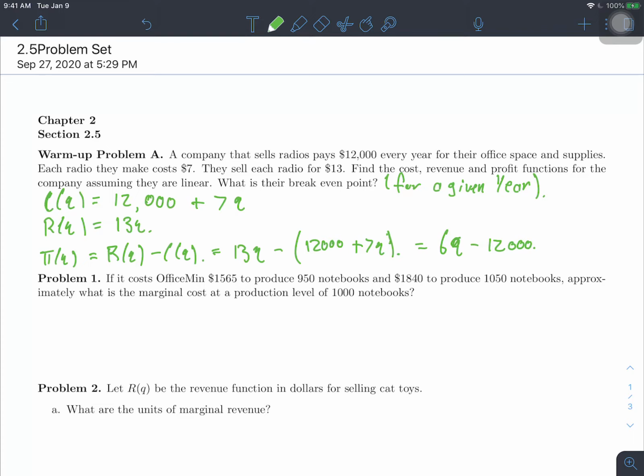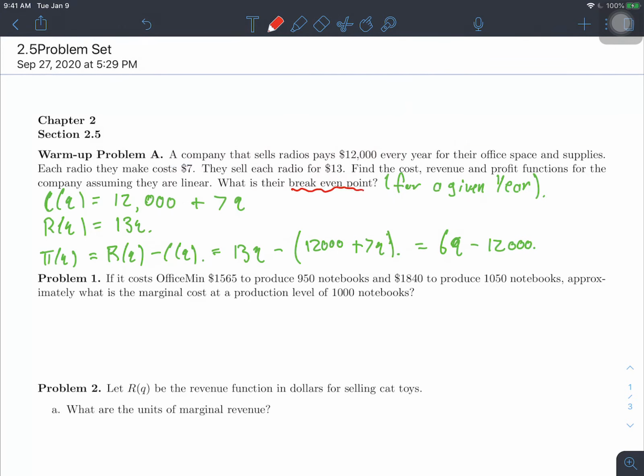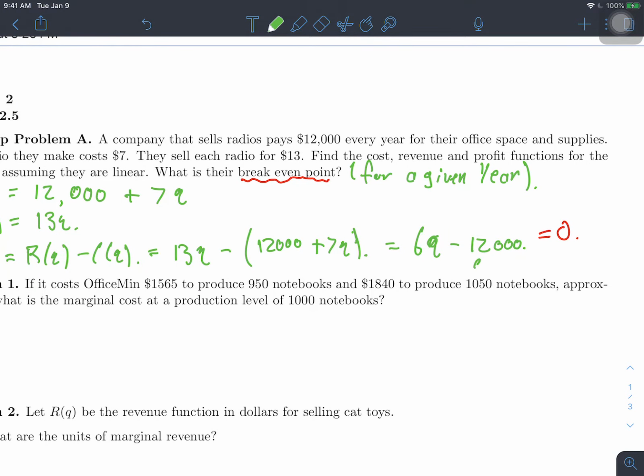So to find the break-even point, I'm going to take this profit function, set it equal to 0 and solve. We do a little algebra and get Q equal to 2,000. We could be more specific and say 2,000 radios. That's how many radios we should make in order to break even.